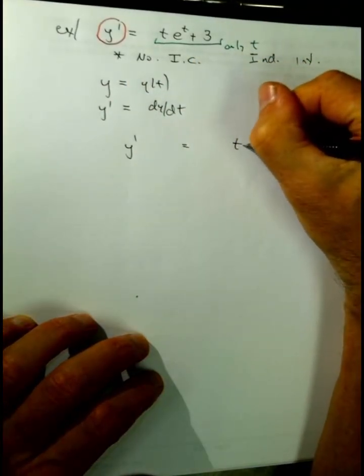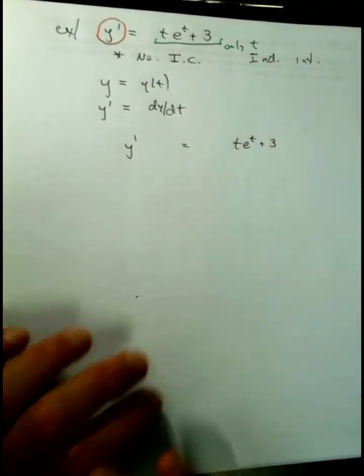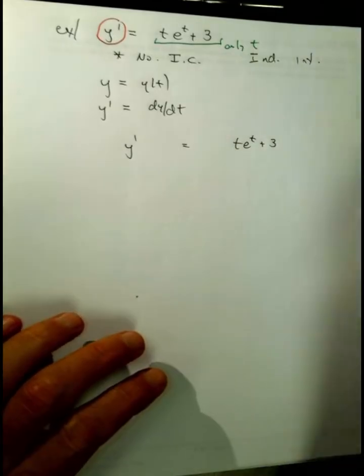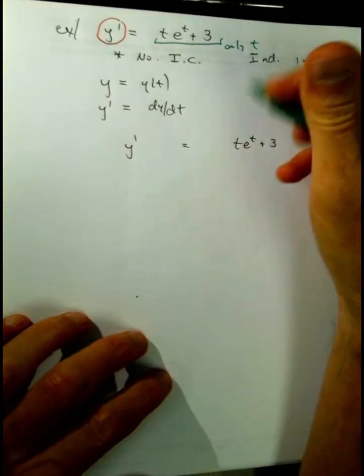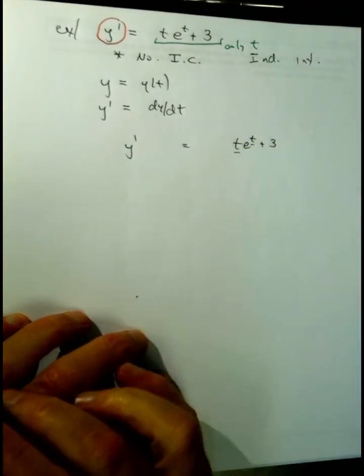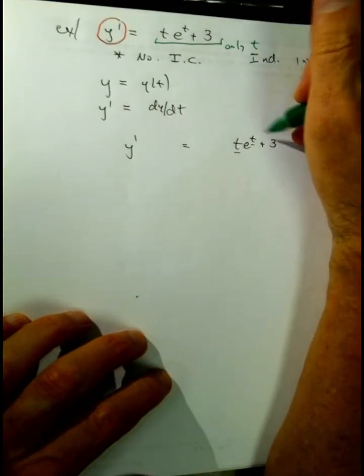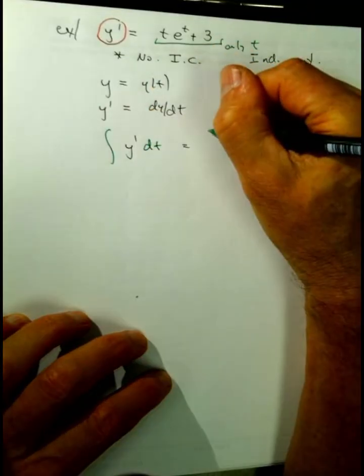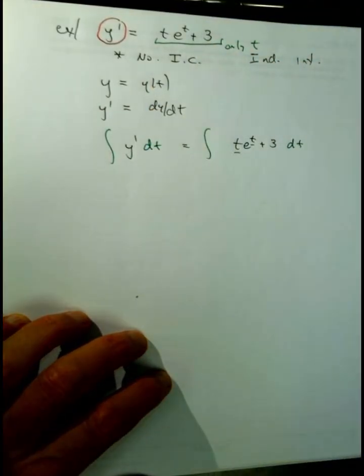My differential equation looks like that. I don't have an initial condition, so in this particular case, I'm not going to use a definite integral, and I don't have to worry about playing games with my independent variable. So I'm going to take an indefinite integral with respect to t.